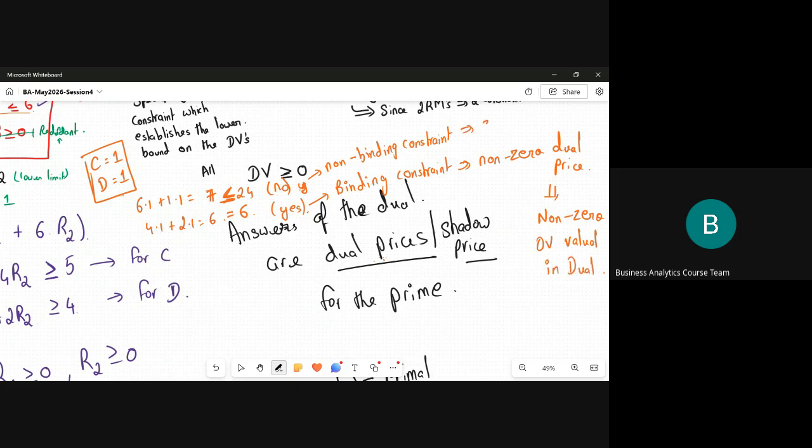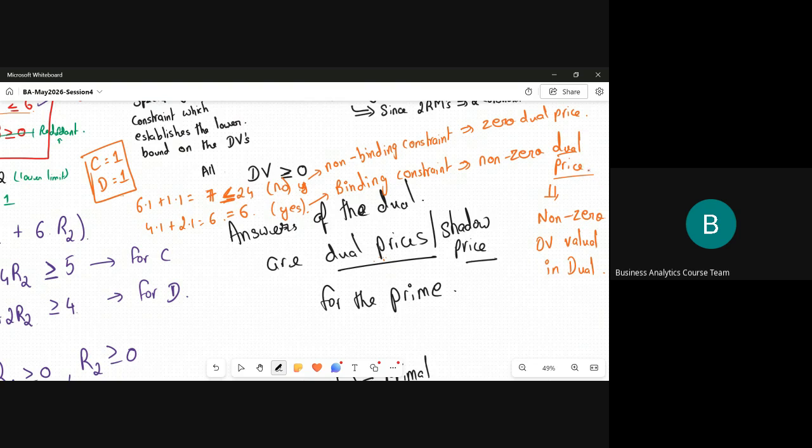Non-binding constraints have zero dual prices, because they are of no use for you, because that is not a binding constraint. You already have excess. So only for constraints which are binding, the corresponding decision variables for those constraints in the dual will be non-zero, and their values are known as the dual price.